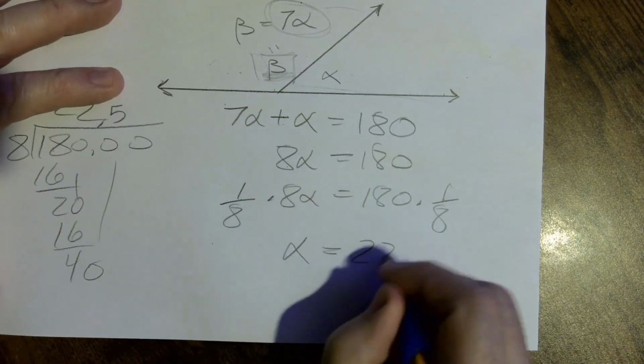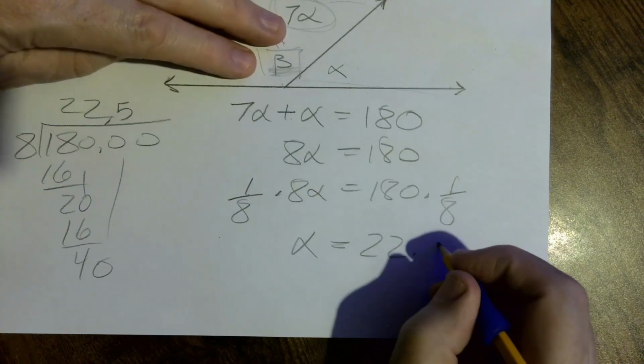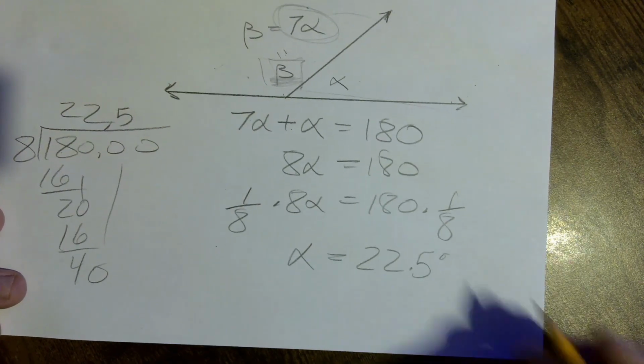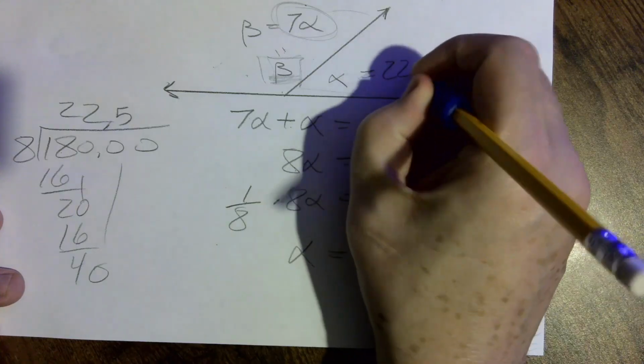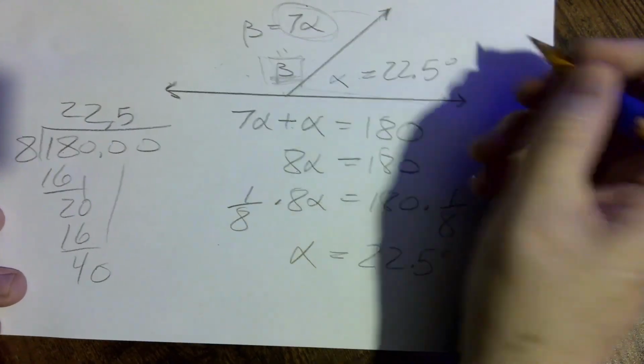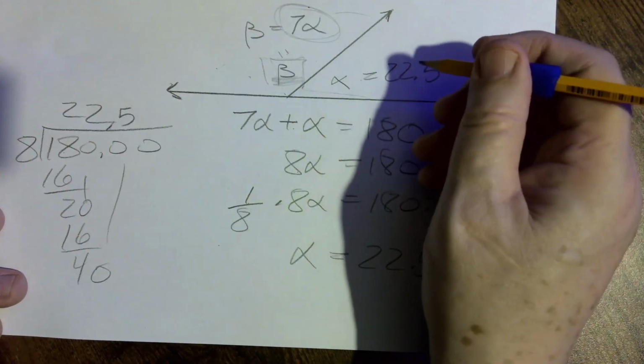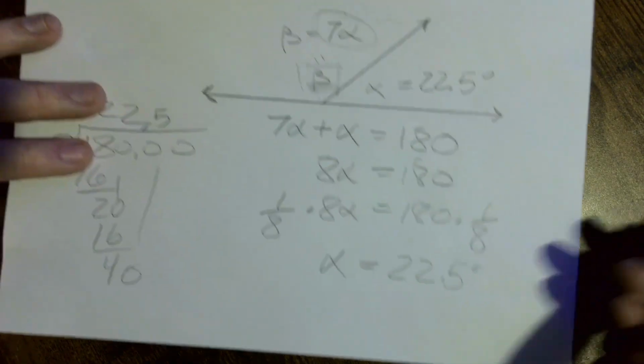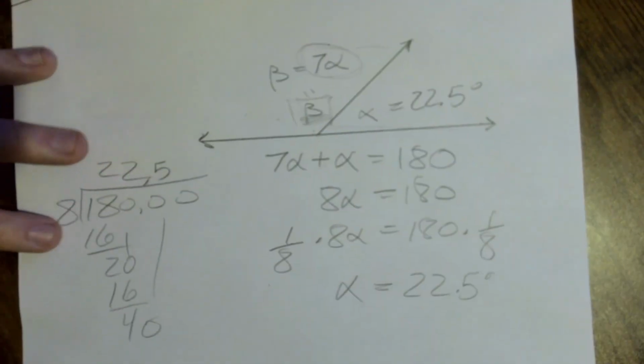Alpha is 22.5 degrees. So that makes beta, the other adjacent angle, to solve this puzzle, to win this game, to write this theorem.